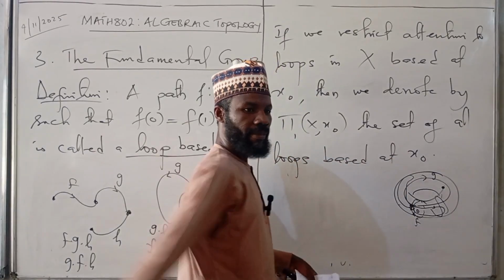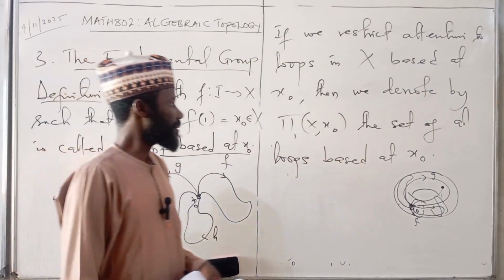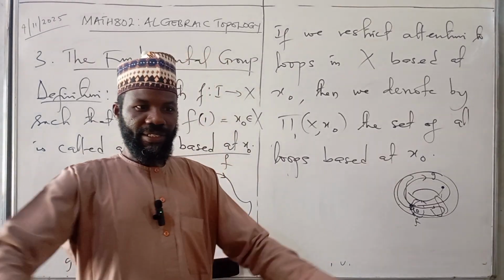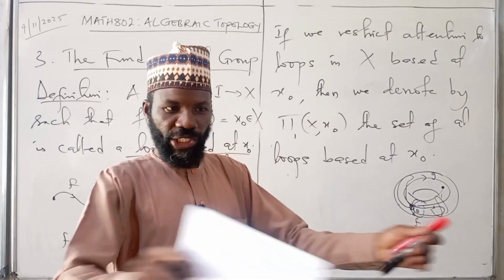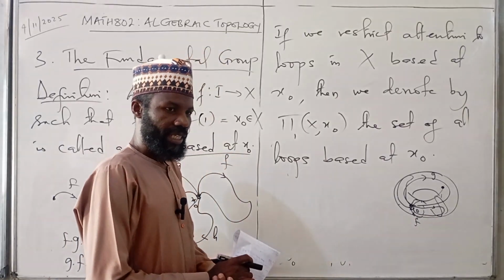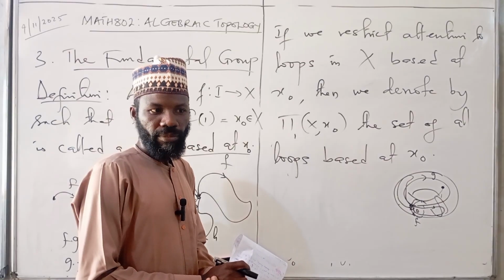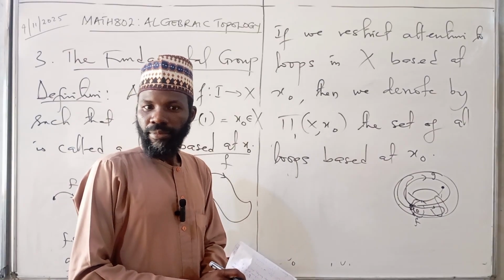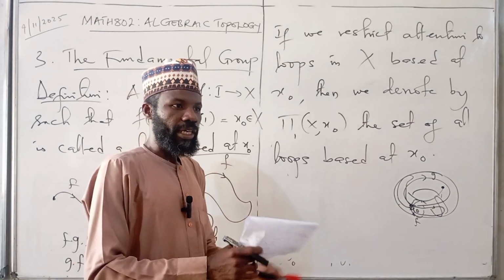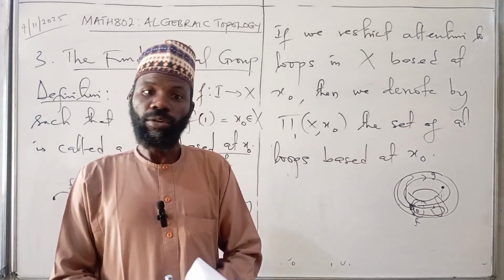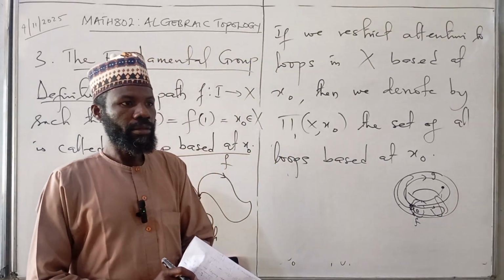But is it a set? It's a set. That is the collection of all equivalence classes is a set. How do you know it is a set? If you take the collection of all equivalence classes of an equivalence relation defined on a set, is it a set?